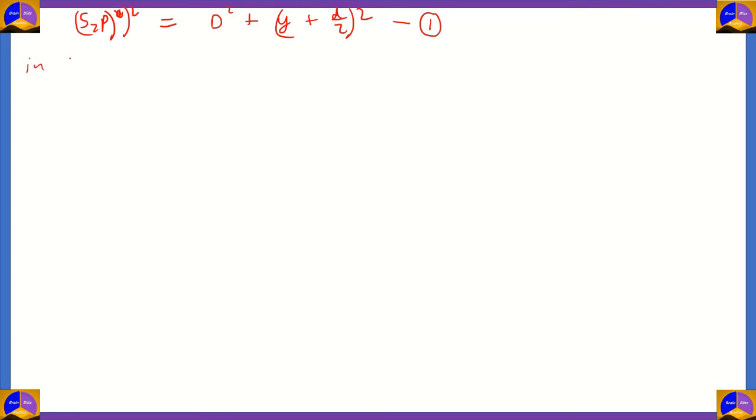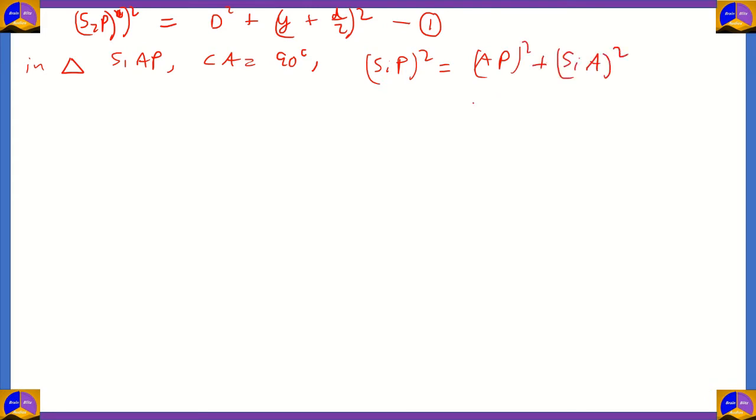Similarly, in triangle S1AP, again angle A equals 90 degrees, so this is a right angle triangle. According to the Pythagoras theorem, S1P the whole square will be equal to AP the whole square plus S1A the whole square.